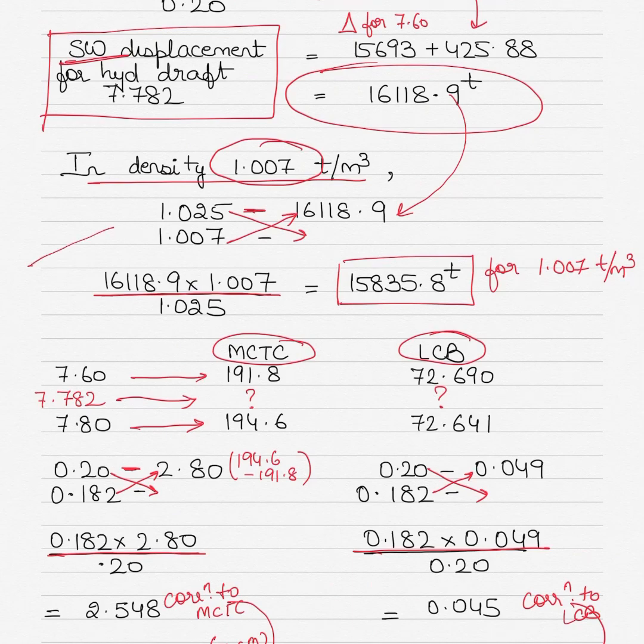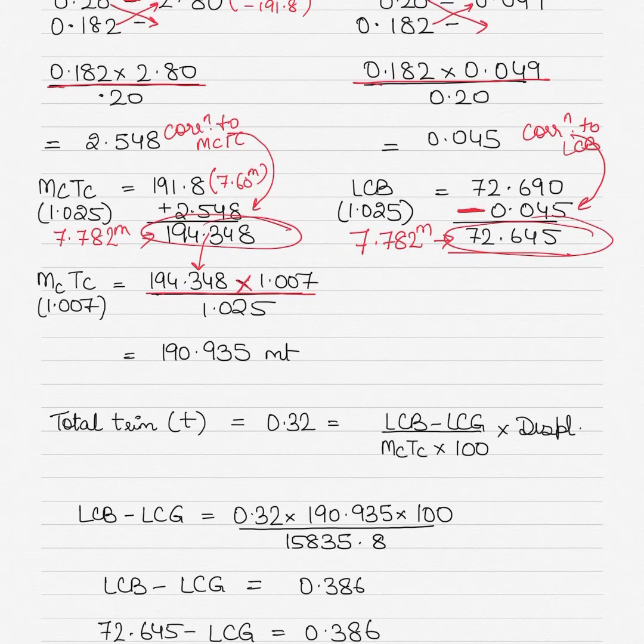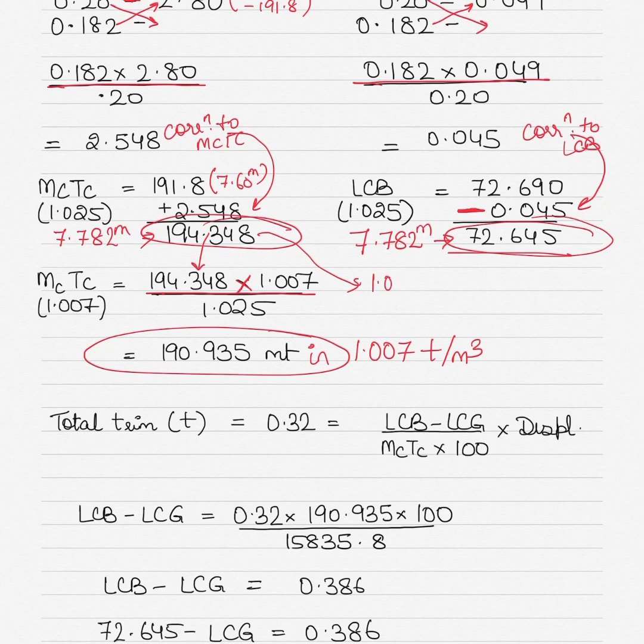You can see for the displacement above, this is what we did, isn't it? You have to do a similar thing for MCTC as well, and you get the new MCTC, and this is in dock water of 1.007 tons per meter cube. This MCTC was in 1.025, which is not what we require.